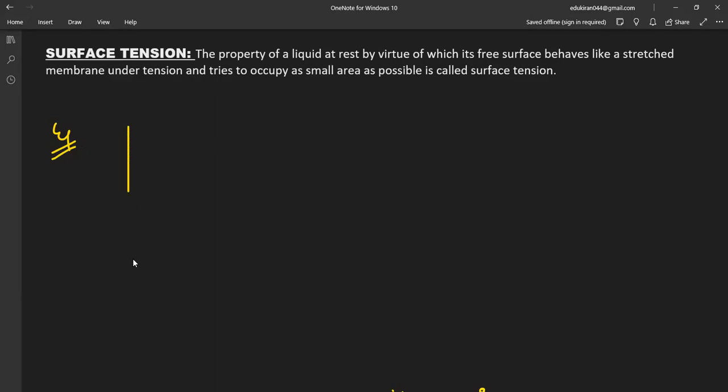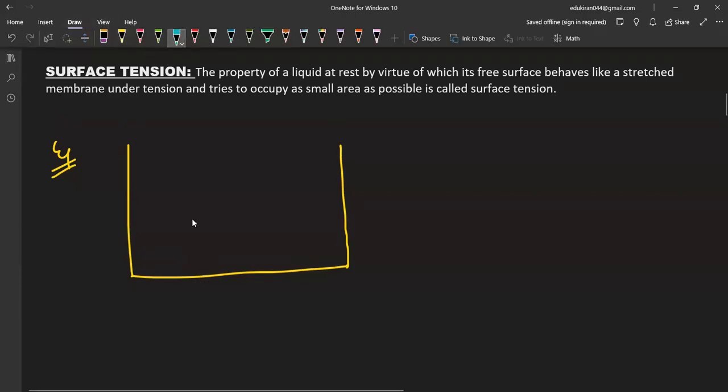Understand this with the help of an example. Let's say I have taken a container and within the container, I have kept water. Water molecules are present here. This is air. What is the tendency of these molecules?